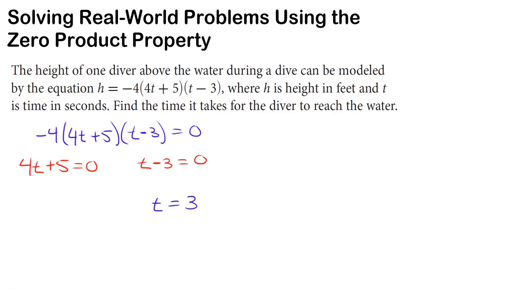And if you're still a little confused by that, if I solve this equation, t minus 3 equals 0, I'm just adding 3 to both sides, and I end up with t equals 3. Now on this side, 4t plus 5 equals 0. We're going to subtract 5 from both sides, and we get 4t equals negative 5.